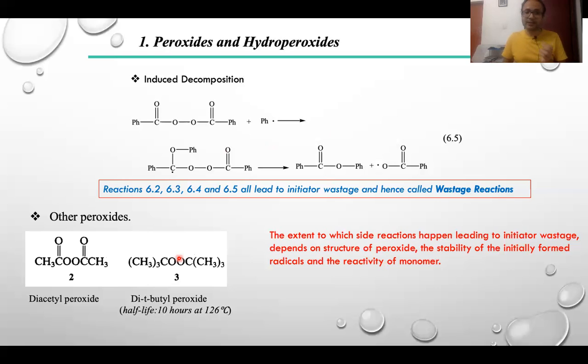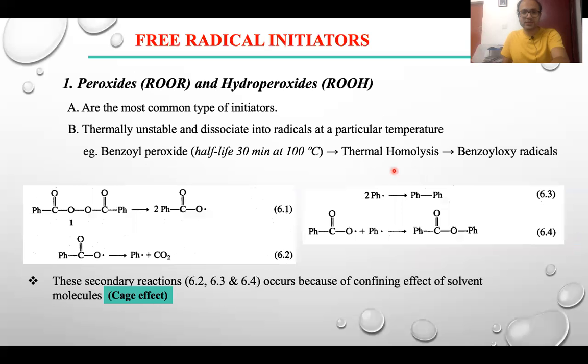Now, it depends upon the structure of the peroxide. When we talk about this benzoyl peroxy radical, it is pretty stable because it has a half-life of approximately, as I gave you in the previous slide, 30 minutes. So the wastage reaction that happens when you use benzoyl peroxide is pretty low.